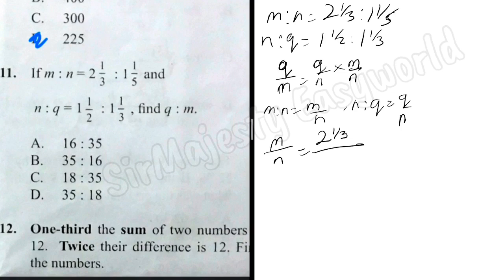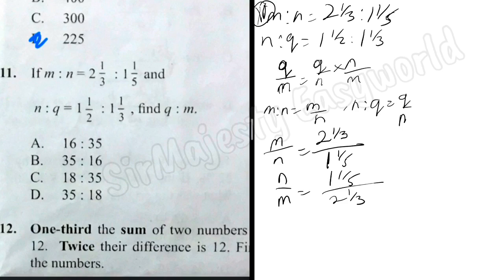Okay, so this is not m over n, this is n over m, such that this m will be at the bottom. So I need to actually flip this. But first of all, let's just write it as this first. So flipping this, that's our n over m will now be 1 1 over 5 divided by 2 1 over 3. Remember, this is our question number 11.